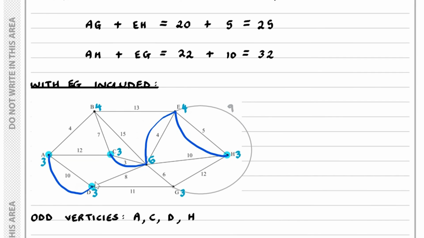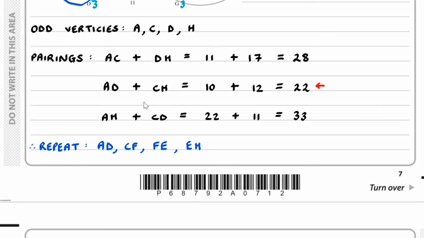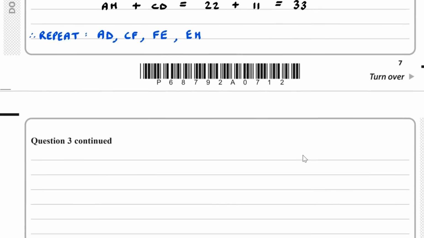And for that to happen, what we need to do is include EG, because with that condition we ended up with this 22.